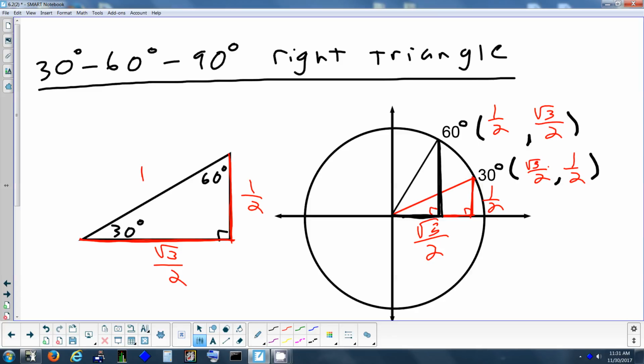The other one is 1/2, root 3 over 2. And mirror imaging that into another quadrant is really super easy. The side lengths don't change. All that happens is you put a negative in front of one of the numbers. Or if you put it down here, it would be in front of both. Okay, but we're going to practice just a little bit in the first quadrant, and then we'll worry about the other quadrants.